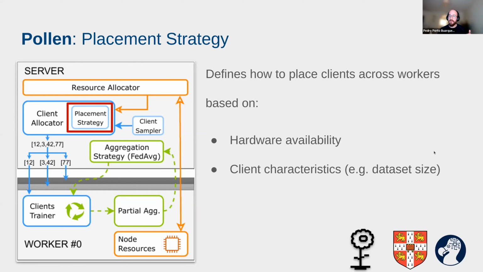Again, the whole goal here is to have balanced workloads so that everyone finishes at the same time and you don't have idle hardware. And you can see from this slide that we still have the list of clients that we want to train, but then we make this decision and send a subset of this list to different workers. So here we have 3 workers in this example.